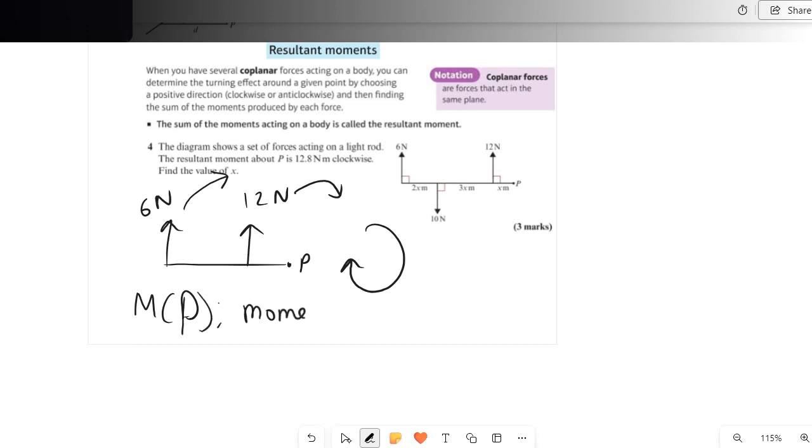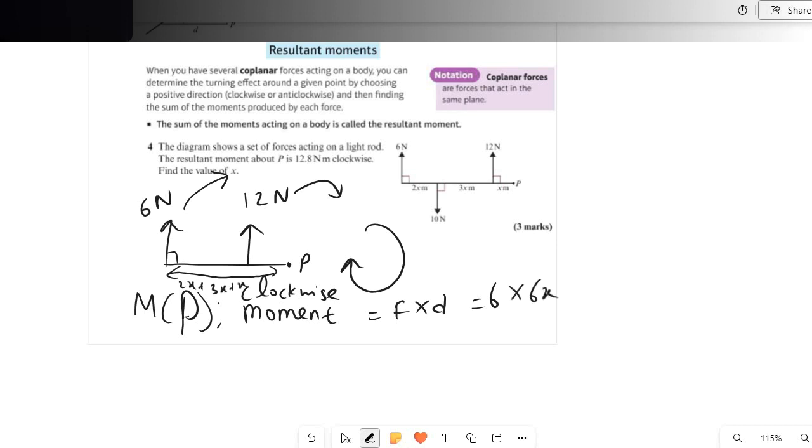the clockwise moment is going to be equal to force multiplied by the distance. In this case we have 6 newtons and the perpendicular distance is this, which is going to be 2x plus 3x plus x, which is 6x.